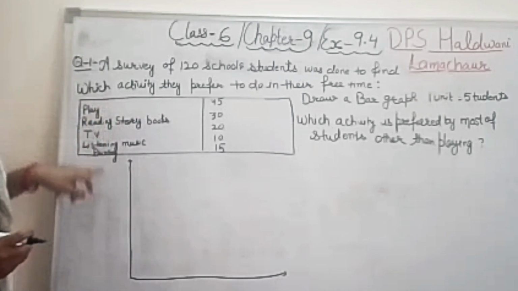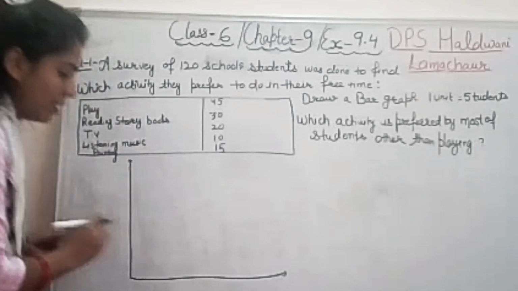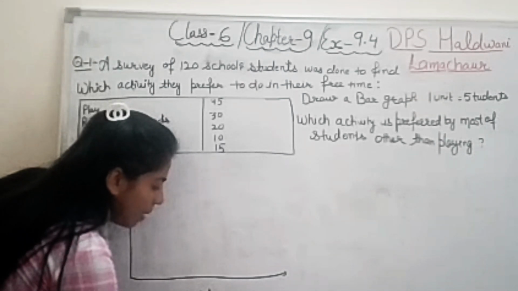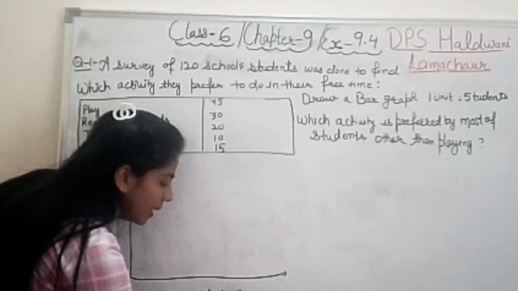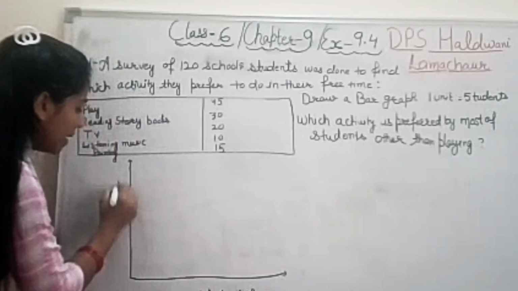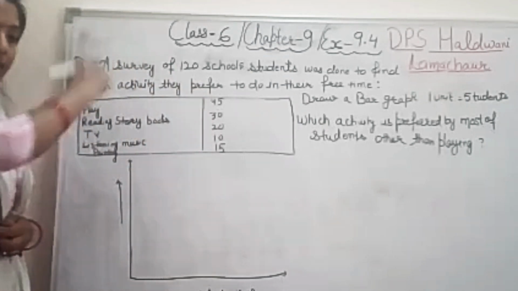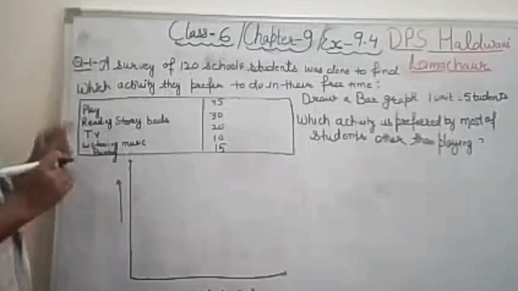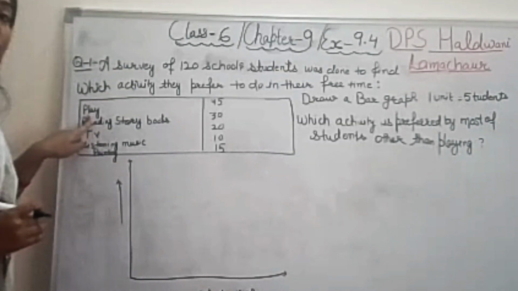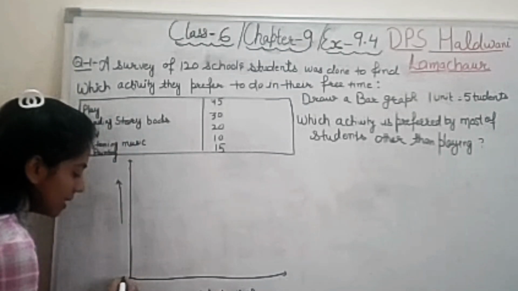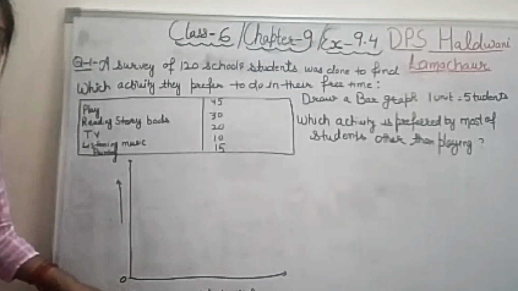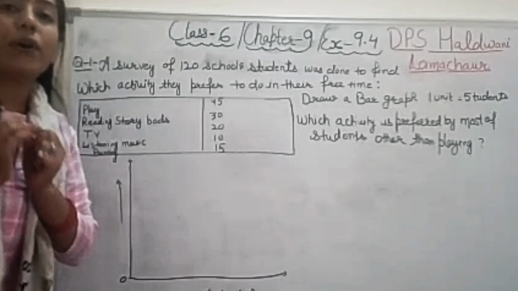Suppose I am taking the activities along the x-axis. So along the x-axis I am taking activities, right? And along the y-axis I am taking the number of students, right students? Now first of all, you will make the scale. This is 0, where both the axes meet, that is called the origin.